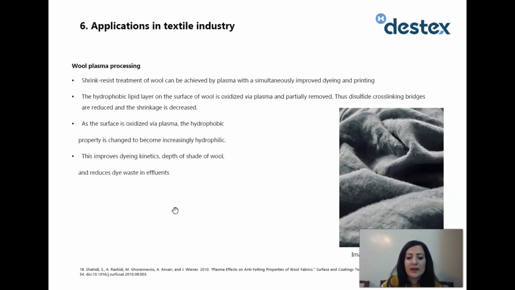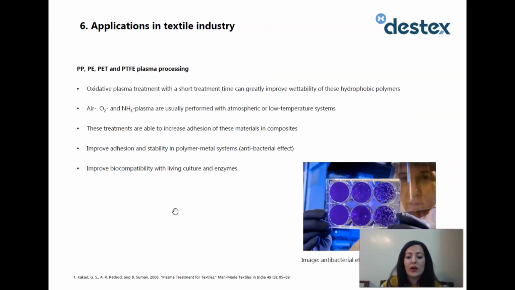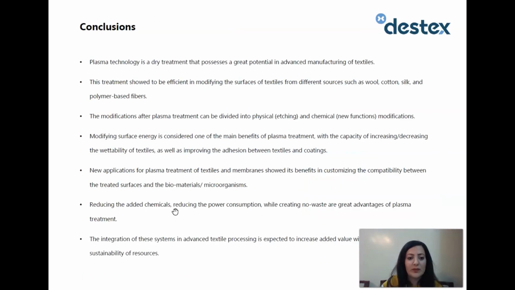Also, wool has been successfully treated with plasma, and even carbon fiber has been treated to increase its wettability, to increase the adhesion with composite materials or with resin to introduce composite materials to the market. Also, very successful treatments for other synthetic fibers have been introduced via plasma treatment.